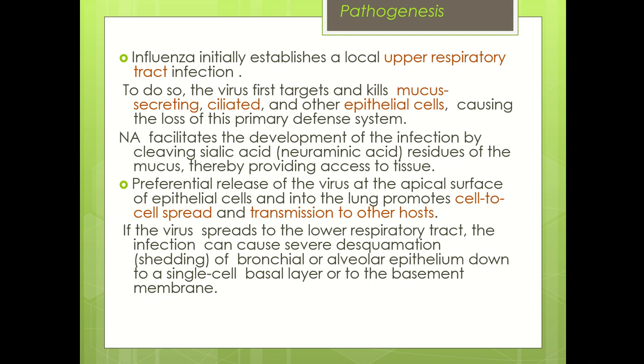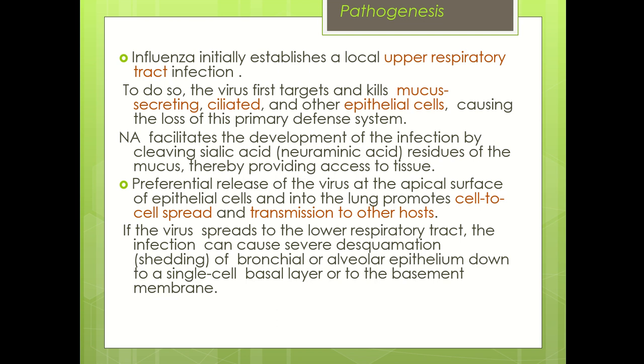Then neuraminidase facilitates the development of the infection by cleaving the sialic acid to hemagglutinin contact. So neuraminidase cleaves the sialic acid residues of the mucus and of the cells of the respiratory tract, thereby providing access for the virus to enter into the tissue.